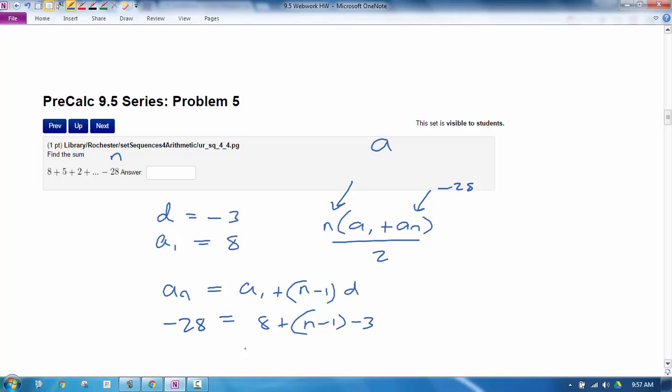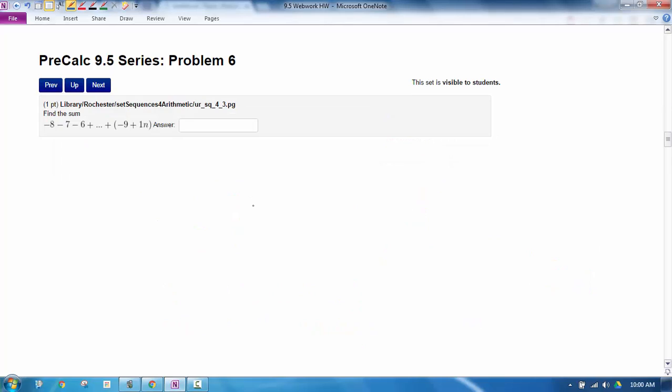So if we subtract 8, divide by -3, and add 1, we get 13. So that's the 13th term right here. So we can plug in 13 for n. So we end up with 13 times the first term, 8, plus the last term, -28, divided by 2 here, and that gives us -130.